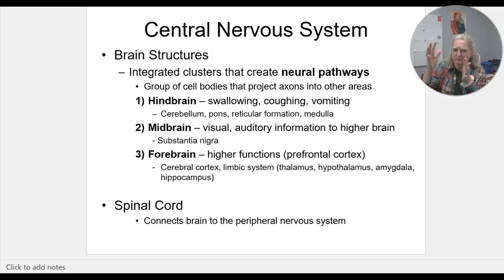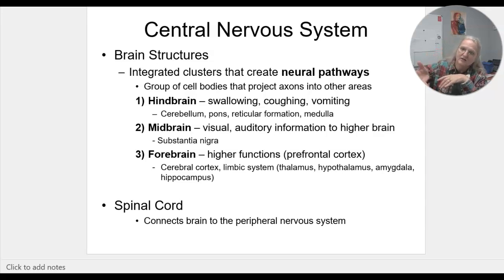But neurons, brain cells, do create clusters, and they create these neural pathways. If you ever hear the phrase memory trace, a memory trace is a phenomenon where neurons are fired together over and over again, and they kind of create a ridge. Another way to think about them might be hair follicles.